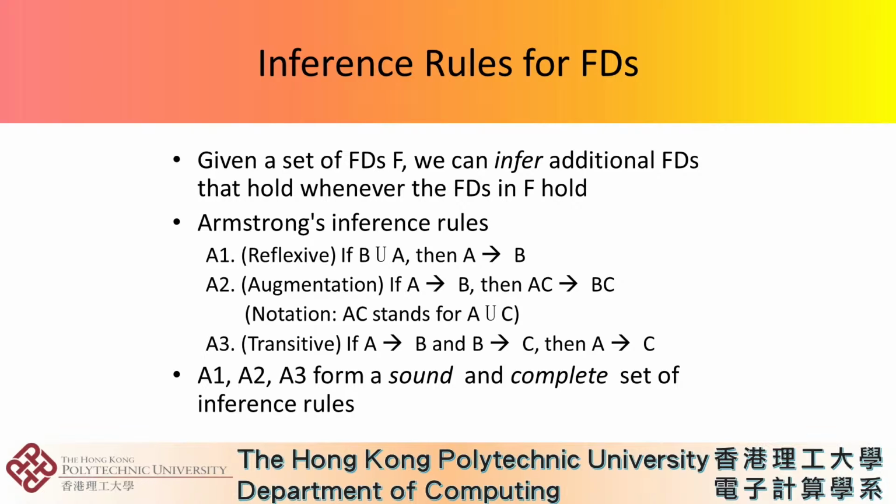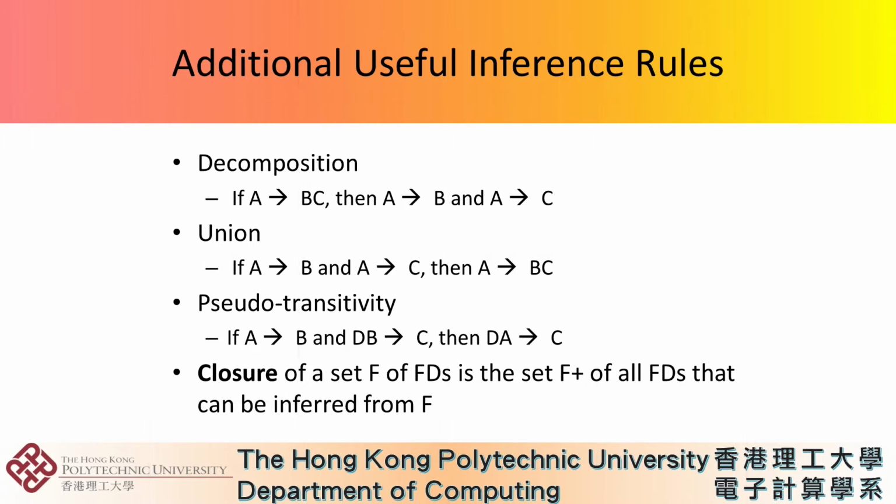A3. Transitive. If A functionally determines B, and B functionally determines C, then A functionally determines C. A1, A2, A3 form a sound and complete set of inference rules. There are some additional useful inference rules.